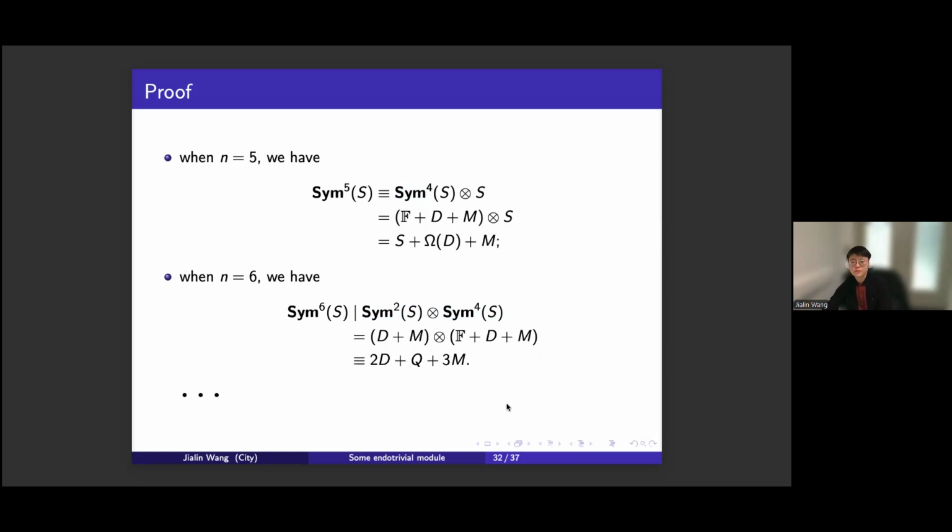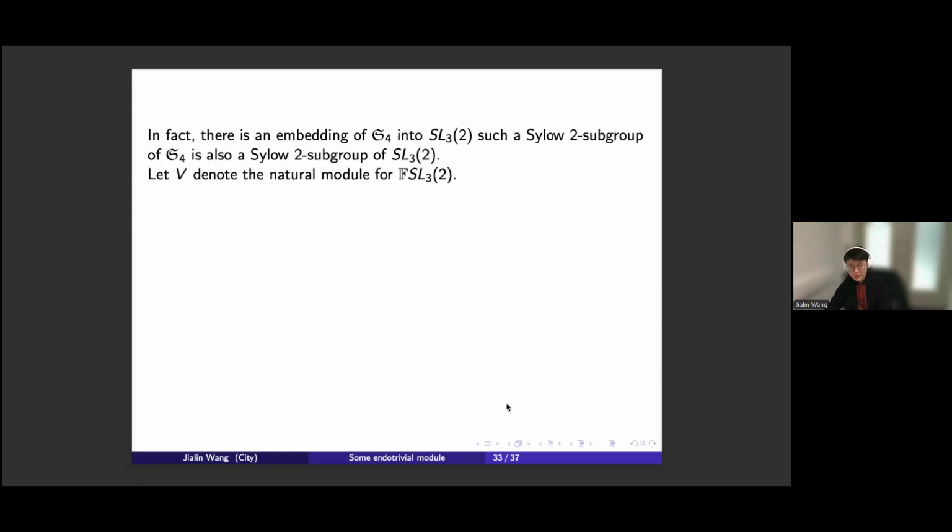And furthermore, another reason I care about the symmetric power of this Specht module is because if we take the special linear group SL(3,2), S4 can be viewed as a subgroup of SL(3,2).